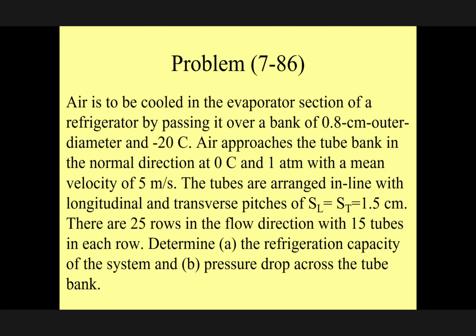Therefore, in this case, we have to calculate the maximum velocity that air is exposed to, in contact with the tube. Before it was 5 meters per second, but now it's passing over the tubes, the velocity is higher. And the Reynolds number is calculated based on the maximum velocity. We know the spacing, we know the diameter, and we know the velocity. Therefore, we can easily calculate the maximum velocity. Please do it slowly, and then I will discuss it.